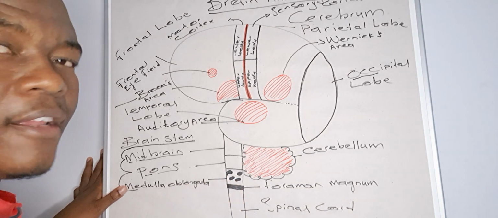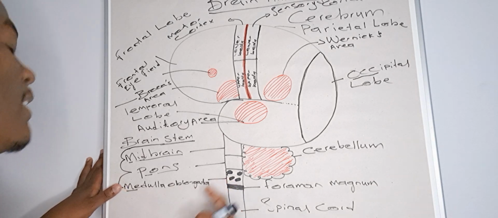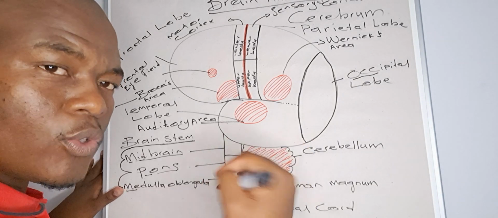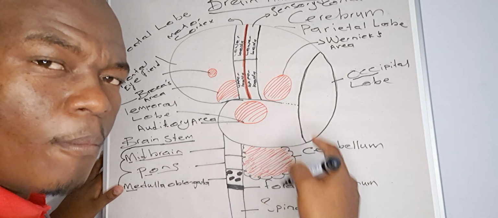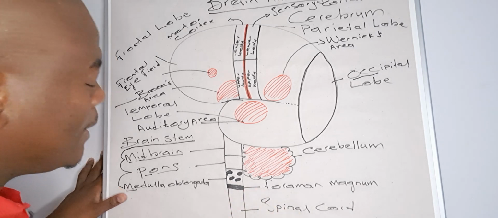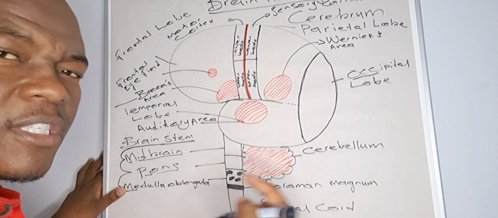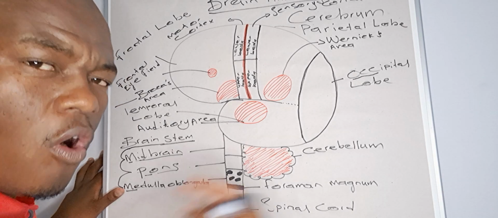And then we have our reflexes also here. The medulla oblongata is responsible to tell you to swallow when you are eating something. It's also responsible to make you vomit if your abdominal structure gets irritated. It is also responsible for you to sneeze and to cough.